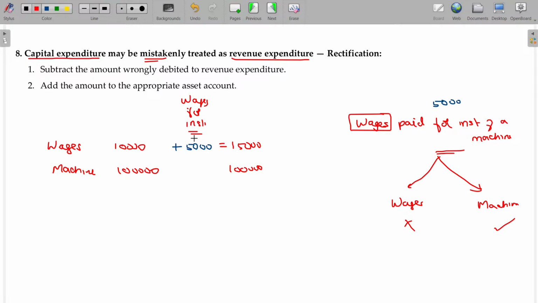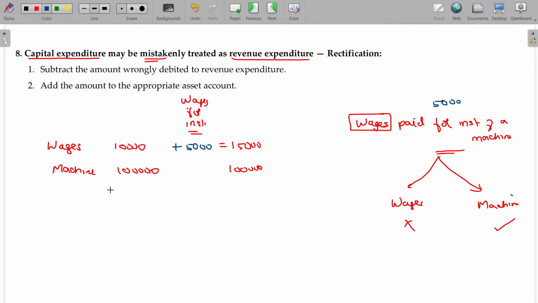Or any second-hand machine, used machine, if you are purchasing pre-owned machines, before it gets ready you have to do some repair in the initial stage. That is also capital expenditure. Capital expenditure means it should be part of the machine. So here they should record this value as a part of machine cost, but they have considered this being the wages, wrong. How do we now rectify?